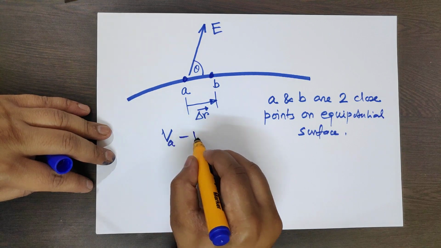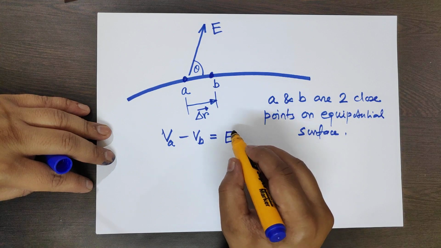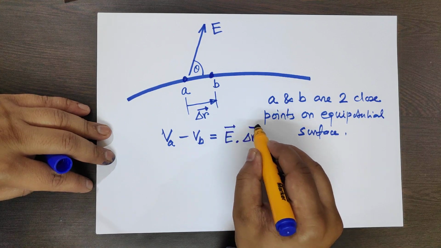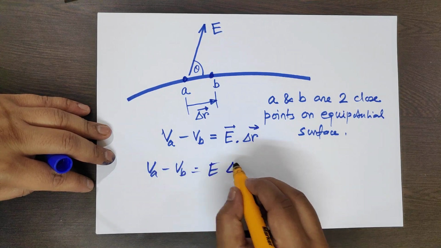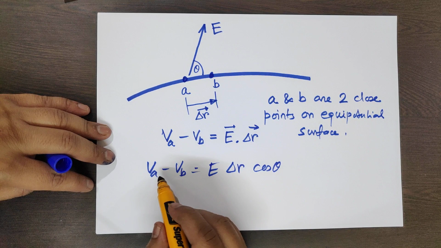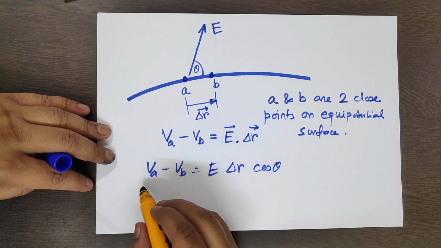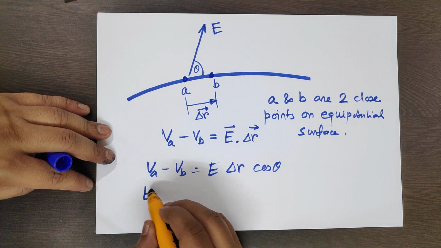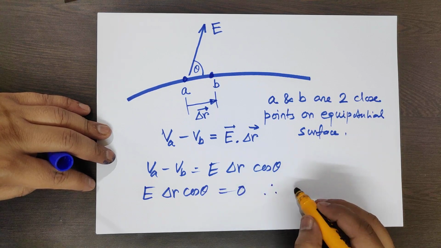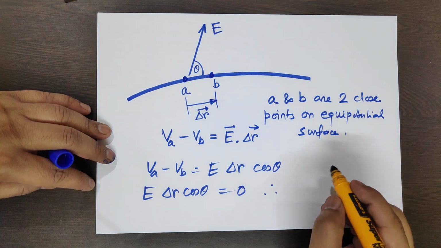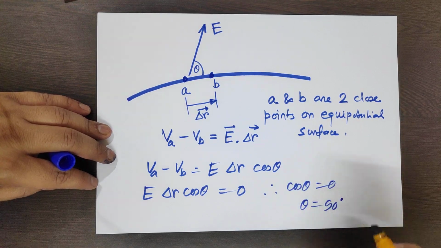Okay, so VA minus VB equal to how much? E dot delta R, right? So VA minus VB equal to E into delta R into cos theta. Now this VA minus VB is equal to 0. VA equal to VB, so that means E delta R cos theta is equal to 0. Neither E is 0 nor delta R is 0. So therefore cos theta equal to 0, that is theta equal to 90 degrees.